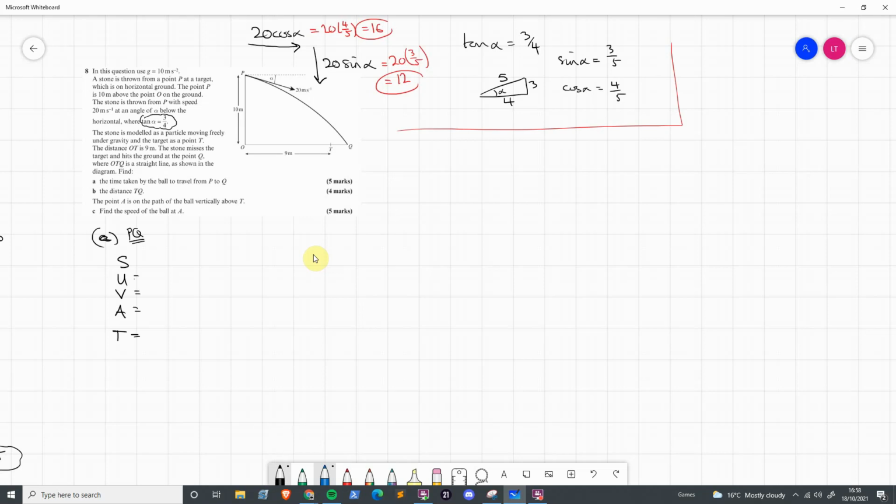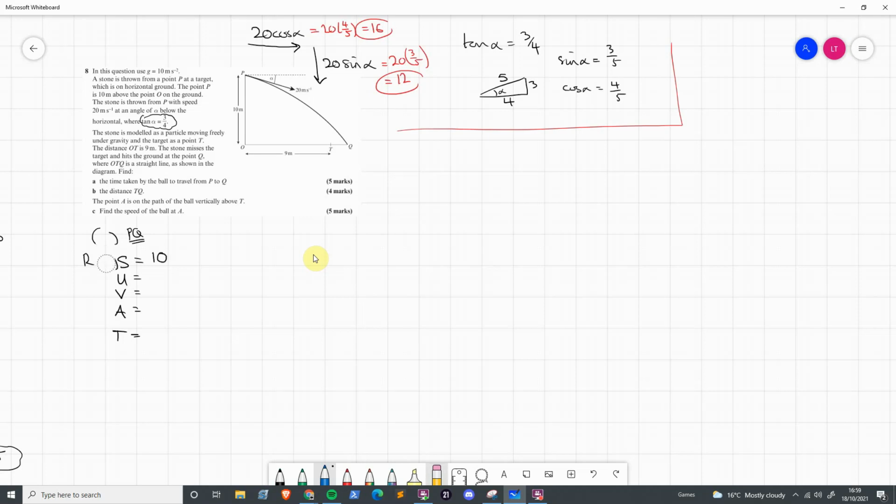Well, let's go for a suvat. I'm going to resolve downwards this time, so down is positive for me. The reason I'm doing that is because the ball is being shot downwards, and if I resolve upwards, I'll have a load of negative values. So in this case, the displacement is 10, not minus 10, because I'm resolving downwards.